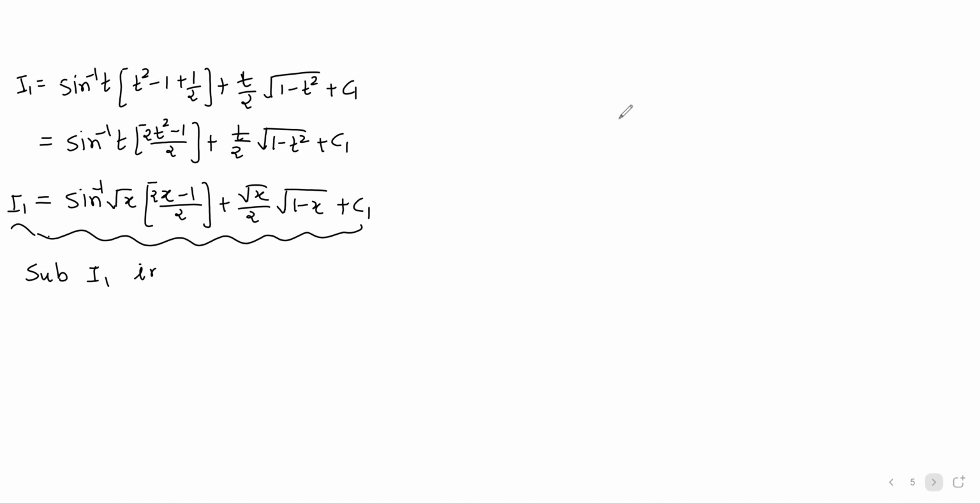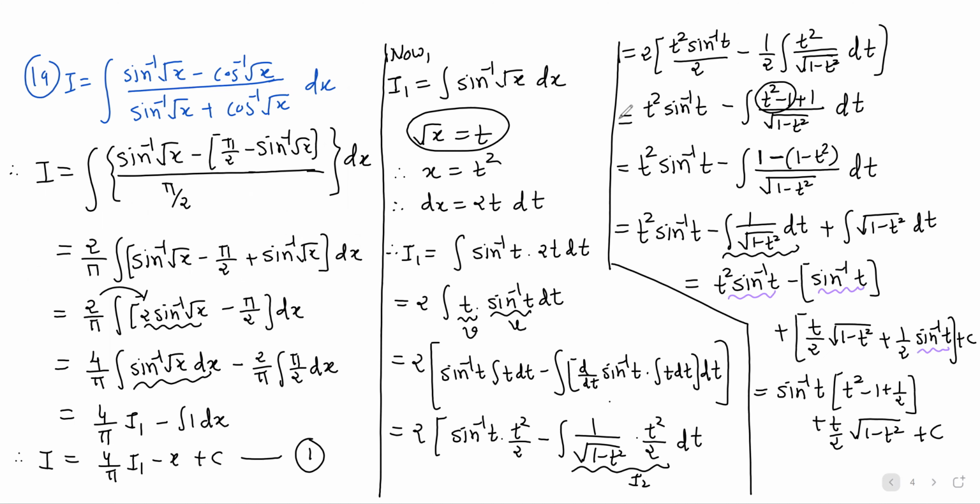Substitute I1 in equation 1. Therefore, I is equal to, what is our I? I is 4 by pi I1.